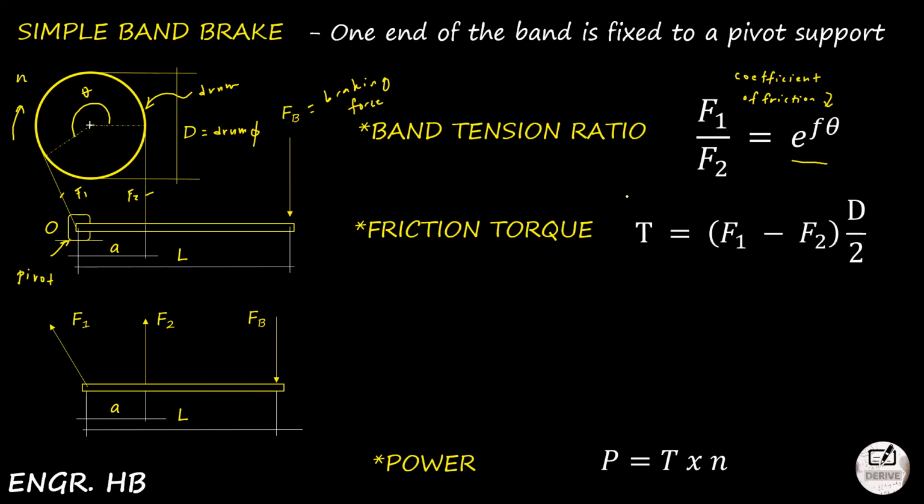So kung paano i-compute yan, alam na natin yan, that will be dimensionless. And of course, if we have tensions here, we have also the friction torque that is equal to force times radius or force times diameter over 2. And that force will be the difference of the two tensions, which is the tight side and the loose side tension. So lagay natin may torque dito.